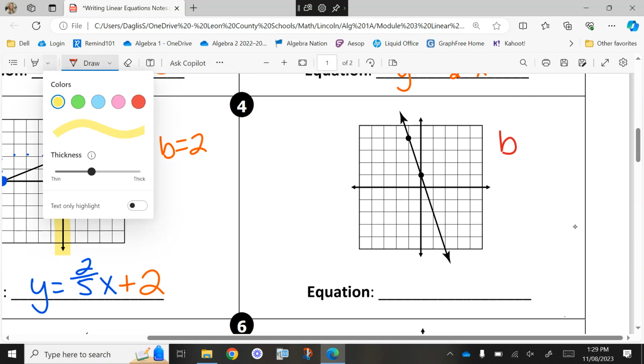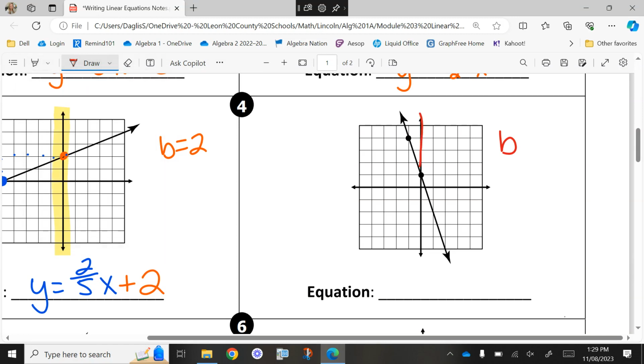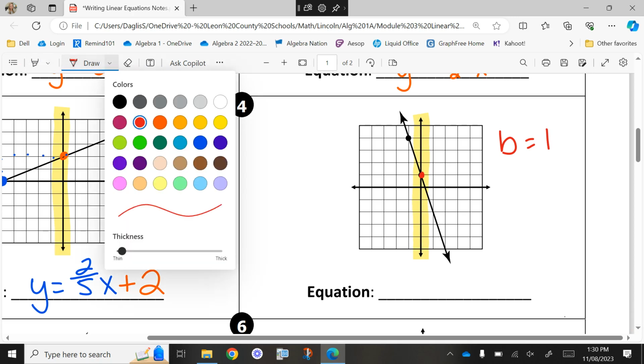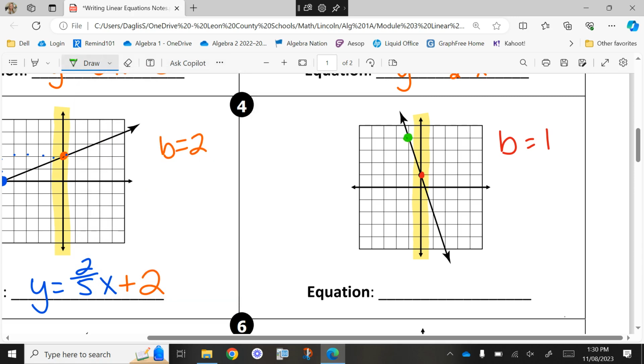Again, I like starting with my b. It's where we begin. 1. So we begin when I have a y value of 1. That's this guy right here. My slope, we have to read from left to right. So I actually have a point over here on the left side this time.